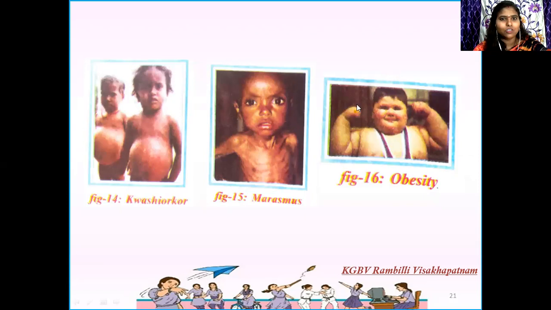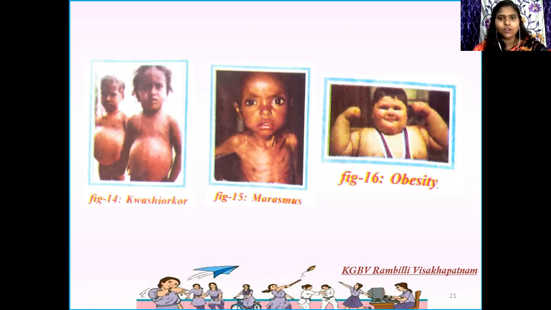Whatever diagrams are there, if they give this diagram, you can write a few lines about it, mentioning the characteristic features, means diagnostic features of this disease. Kwashiorkor means diarrhea, pale skin, and loose body, I mean tissues forming not properly.